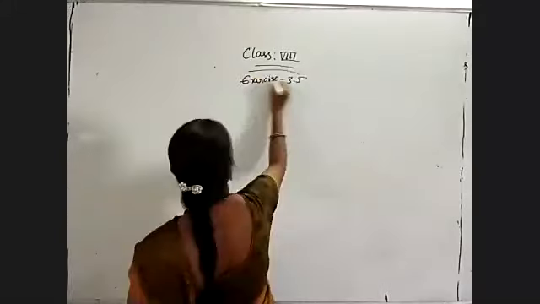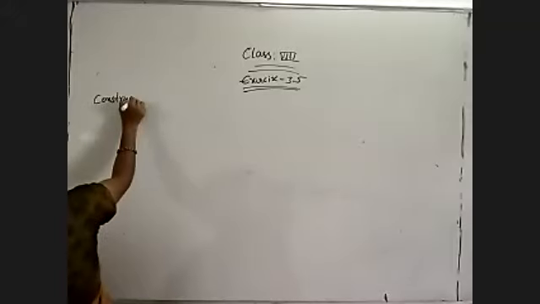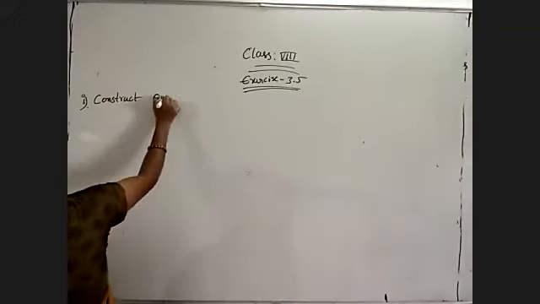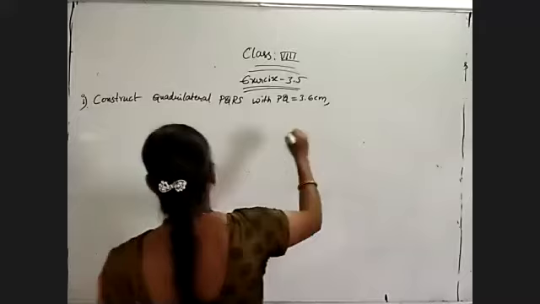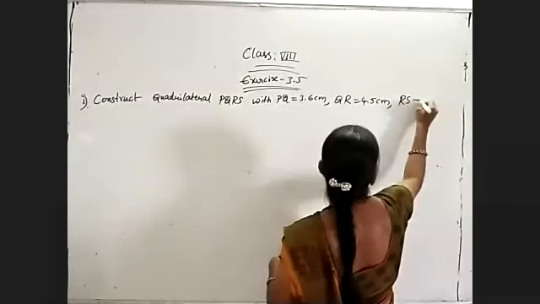3.5, depending on side angle side rule. Now they have given the first question: construct quadrilateral PQRS, with PQ equal to 3.6 centimeters, QR equal to 4.5 centimeters, and RS equal to 5.6 centimeters.